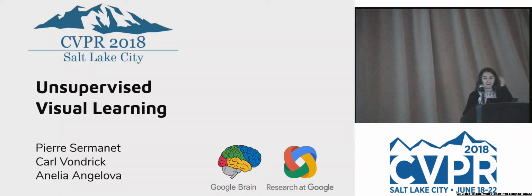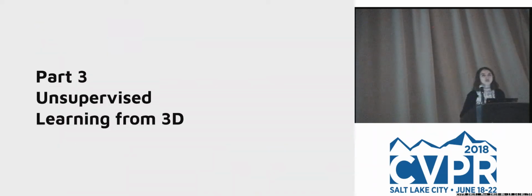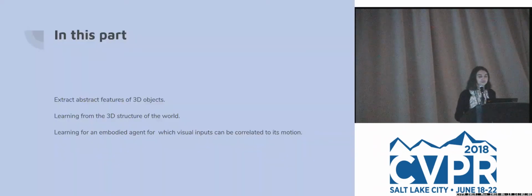Welcome back. We'll continue with supervised learning in 3D. In this part, we'll look at three main things that are kind of interesting, and of course, there's a lot of work here. First, we're going to look at how you learn useful abstract features from 3D representations.